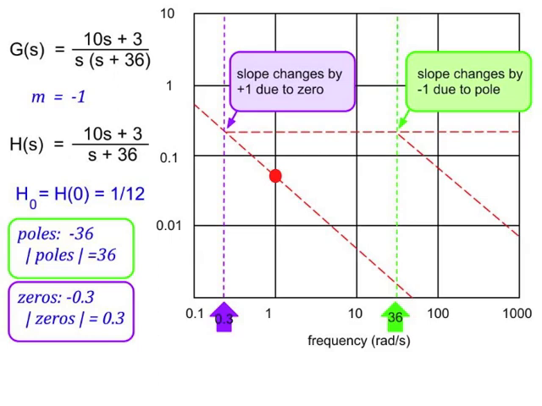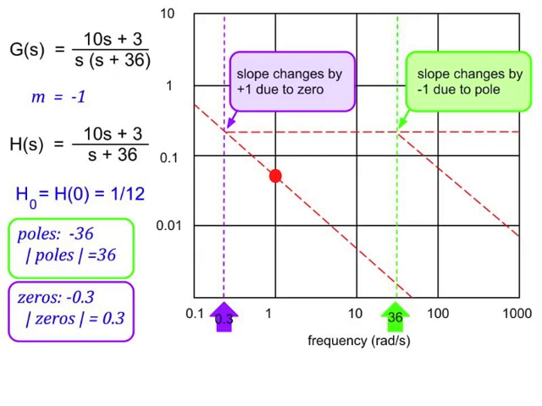So we'll sketch a point at the value 1/12 at 1 radian per second, and then we'll draw a line of slope -1 through this point, and this is our low frequency asymptote. Then if we arrange the poles and zeros from lowest frequency magnitude to highest frequency magnitude, we'll find there's a zero at 0.3 and a pole at 36.